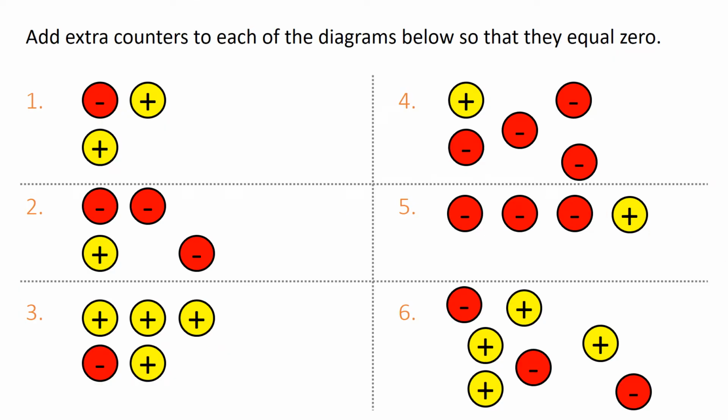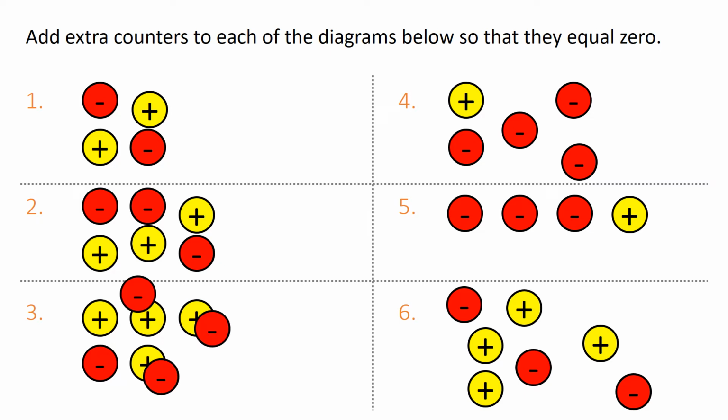We could then present pupils with something that involves a little bit more reasoning or a little bit more problem solving. So adding extra counters to the diagrams so that they do equal 0. So asking the same question in different ways to get the pupils' brains active and get them thinking in a slightly different way. So of course, we would add 1 negative. In question 2, we would have to add 2 positives.